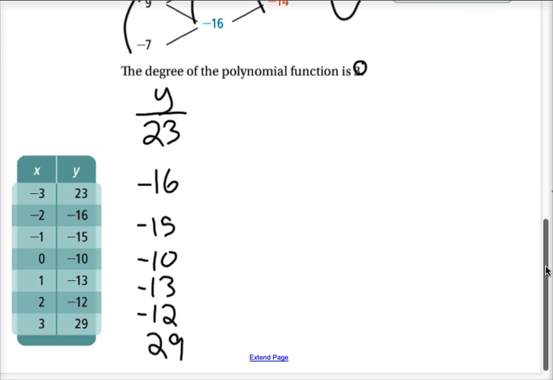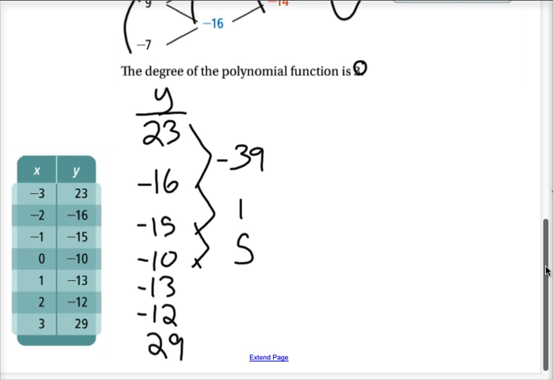So 23 down to negative 16. That's a difference of minus 39. Negative 16 up to negative 15. That's a difference of 1. Negative 15 up to negative 10 is a difference of 5.